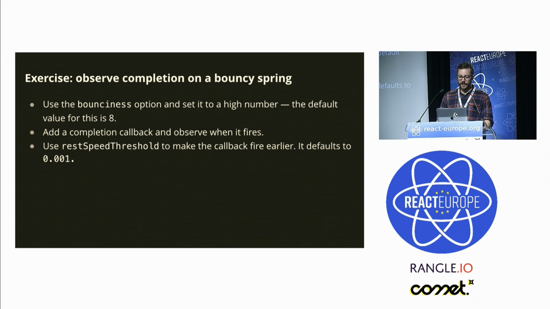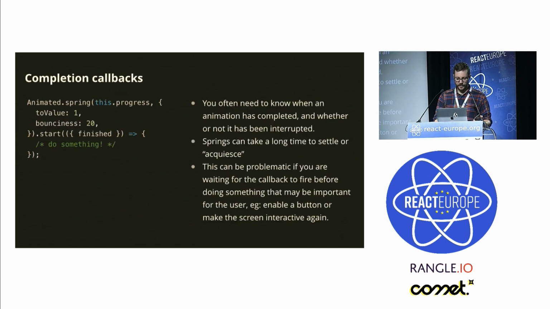You can play with bounciness and rest speed threshold in this case. You can play with displacement as well if you want, and just change it to whatever values and see how that impacts when the callback is fired. And I'll leave this up here so you can see the syntax for adding a completion callback.